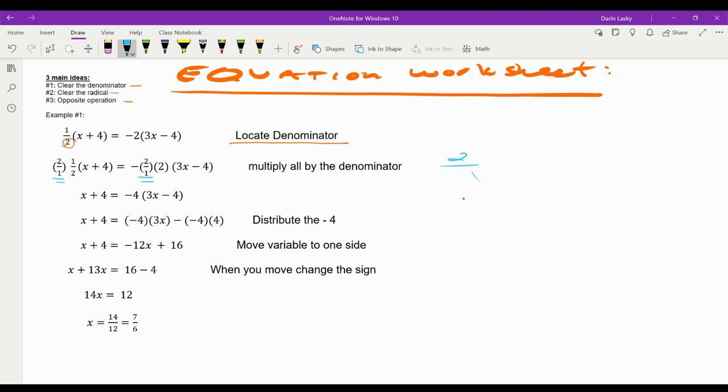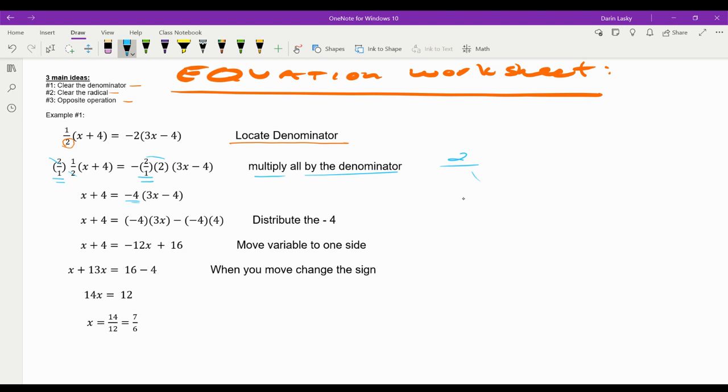Once we multiply through by the denominators, these 2's are going to cancel out, and negative 2 times 2 is going to equal our negative 4. After we multiply by the denominator, if you notice right here, all of this is gone.